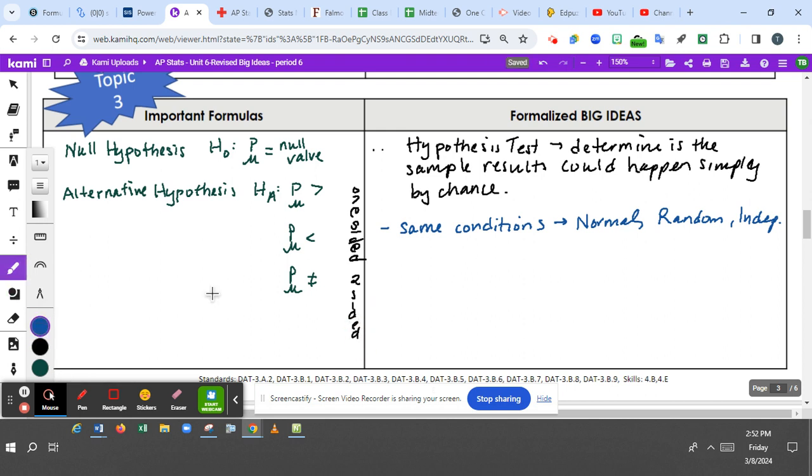As a picture, okay, so this is kind of the first time we're going to see this. As a picture, if I was to draw a normal curve, a confidence interval deals with the inside. Hypothesis tests can deal with the outside. But here's the thing, and this is where it's key.